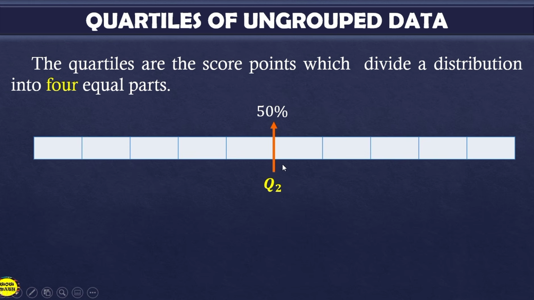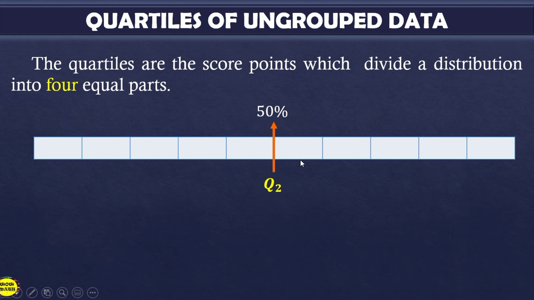Kung nandito naka-position yung score, ibig sabihin nito, lahat ng nandito ay mas mababa sa 50%. Okay? So lahat ng score na nandito sa left side niya ay mas mababa sa 50%.